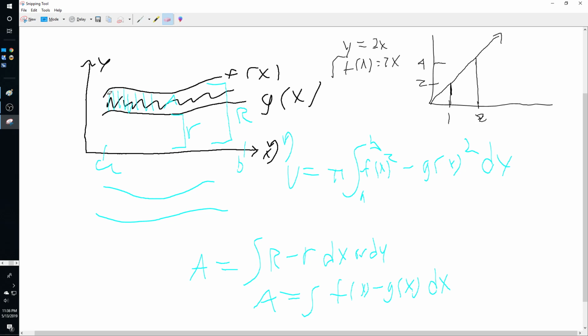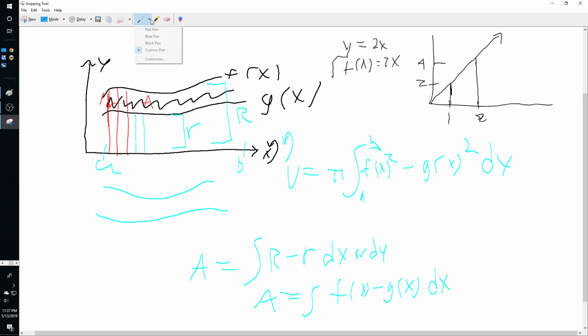So let's visualize area, and then volume. So this is little r, right? I'm trying to find the black space, this area. This is my f of x, and this is my g of x.